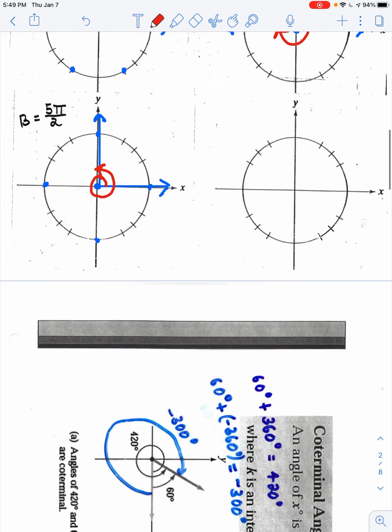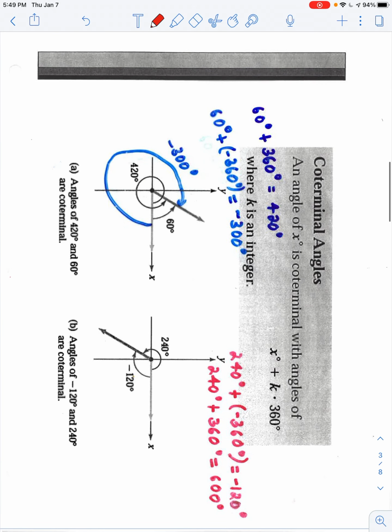Now, you're going to have to turn your iPad. So I'm going to go through these handouts slowly here. But coterminal angles are angles that have the same initial and terminal side.